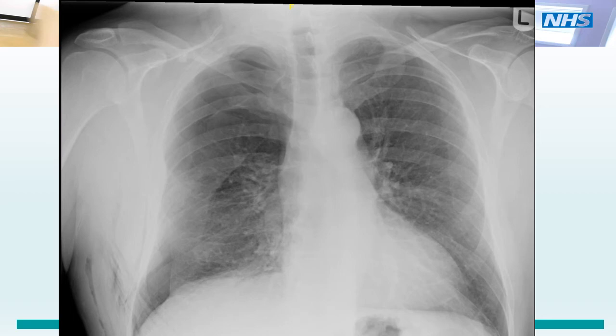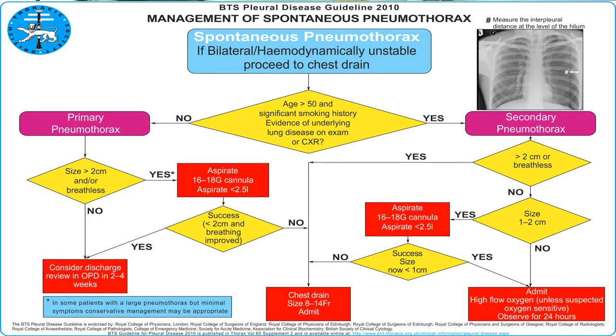So what should we do for that patient? There is an algorithm from the British Thoracic Society, and this is what we are following in our department. Of course, if it's a traumatic pneumothorax, that is another thing we can discuss later in chest trauma, but a patient with traumatic pneumothorax will need a chest drain by open technique, with a 28 to 32 French diameter chest drain.